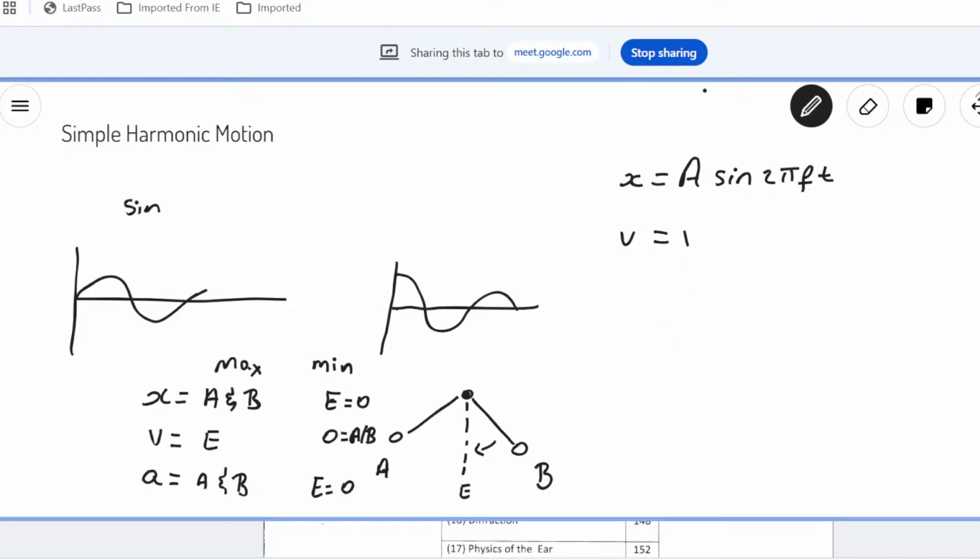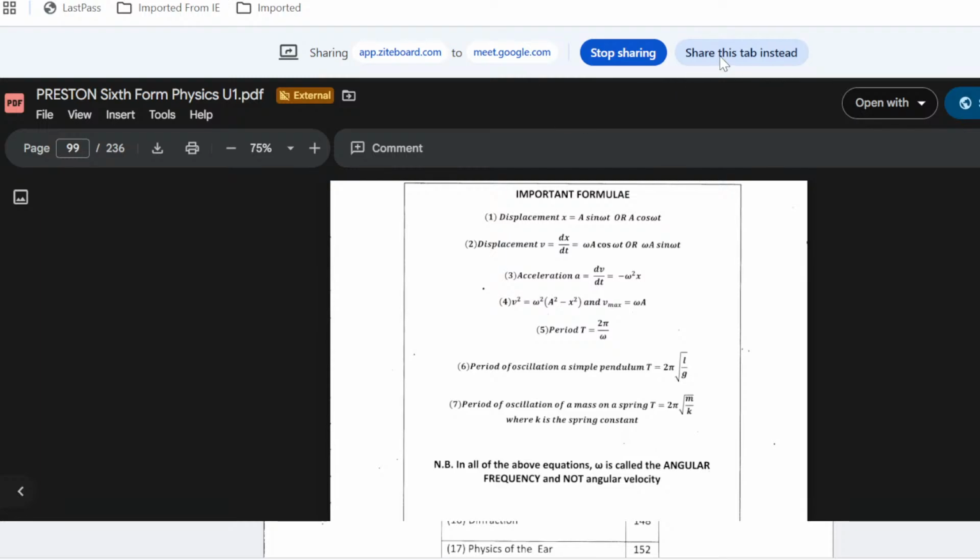All right, so similarly for velocity v, we can have a similar equation that can be cos or sine depending on the situation. So same form. All right, but v max, one of the equations for v max, they don't have to tell you what v max is.